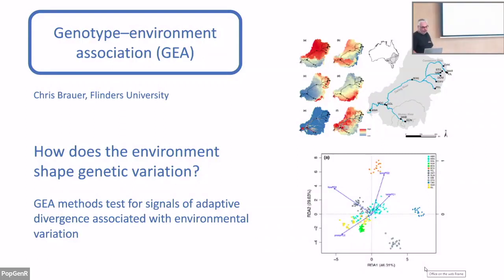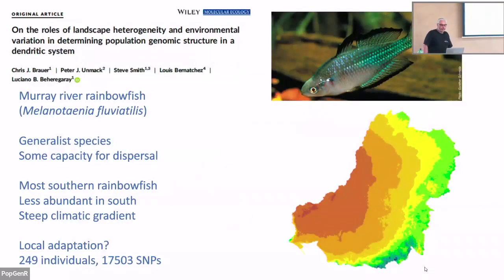Today we're going to be talking about redundancy analysis, and we're going to use a data set that came from a paper in 2018 with Murray River rainbow fish in the Murray Darling Basin. For those not familiar with the species, rainbow fish are about that size and smaller.